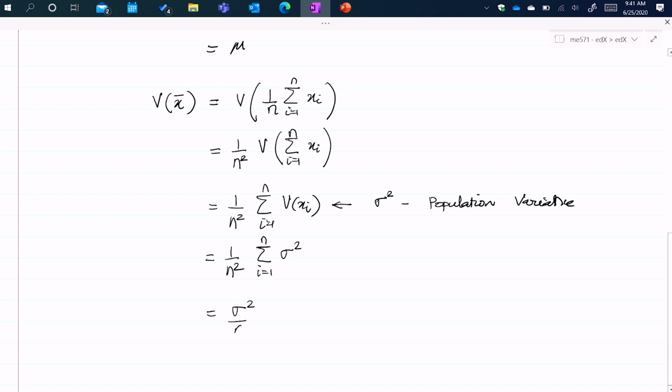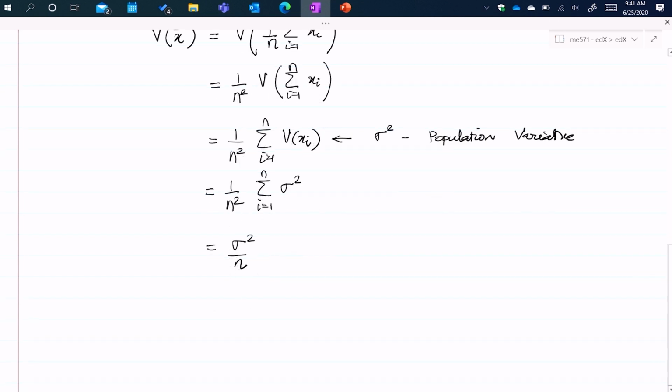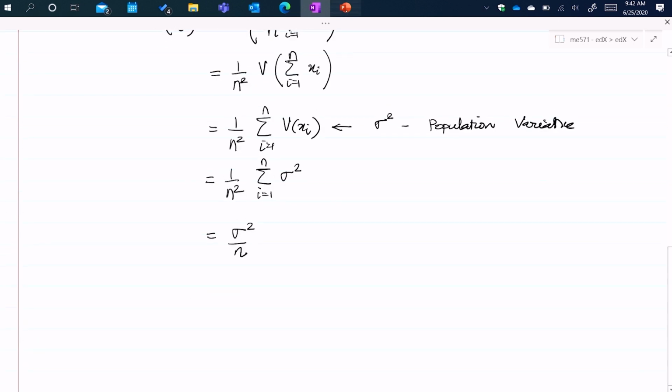So the key assumption here is, if I have lots and lots of observations xi and ask what is the variance of these observations, the variance will be the variance of the population. Each individual observation, because there are many of them, will have the population variance, sigma squared.